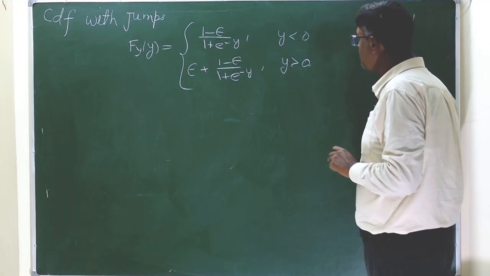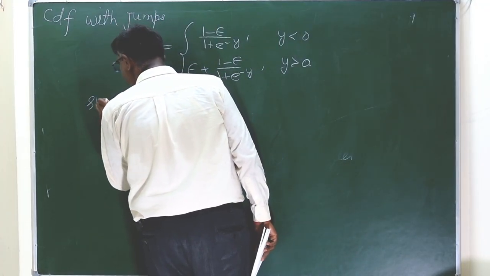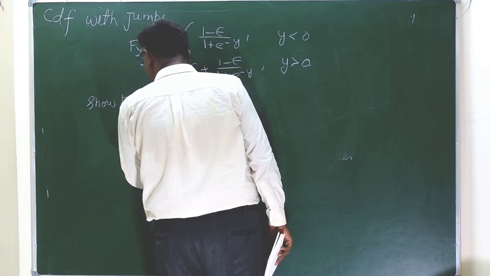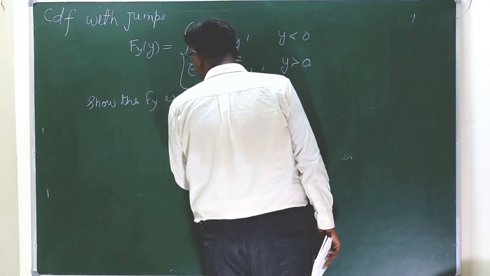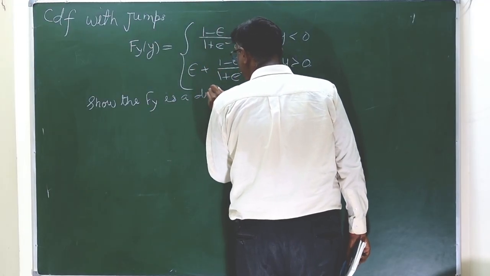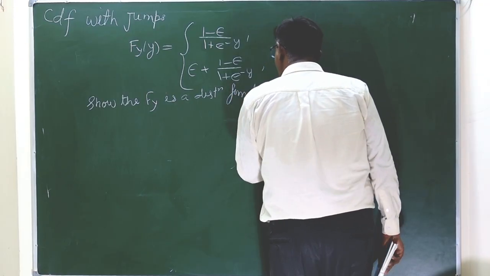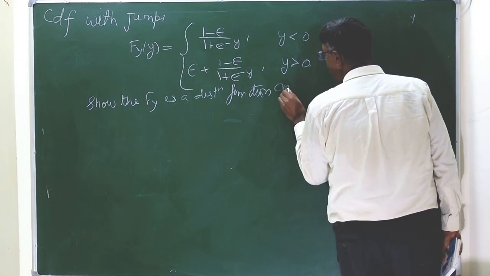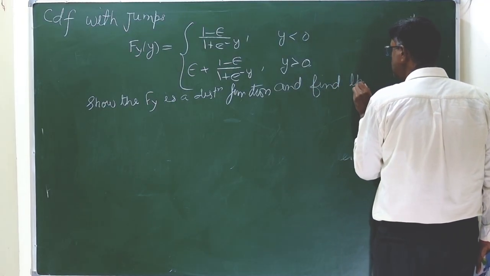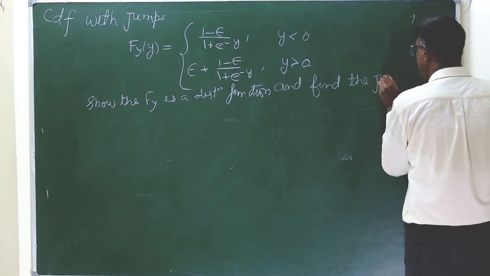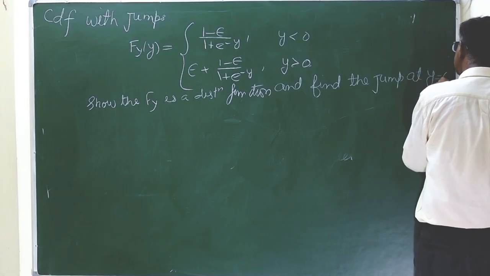So we have to establish that F(y) is a distribution function, and find the jump at y equal to 0.